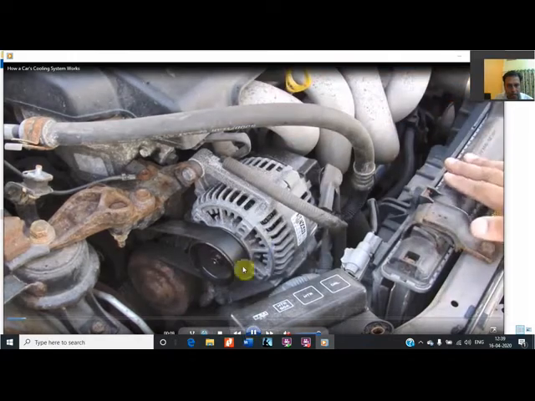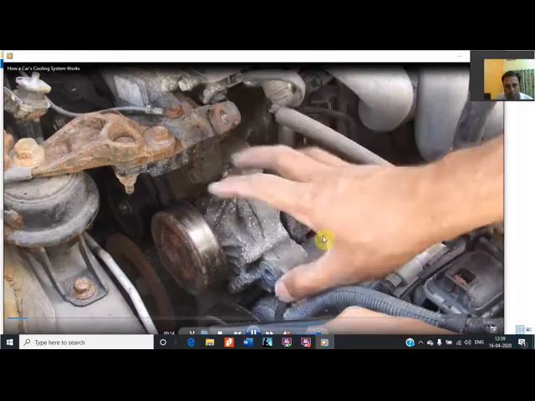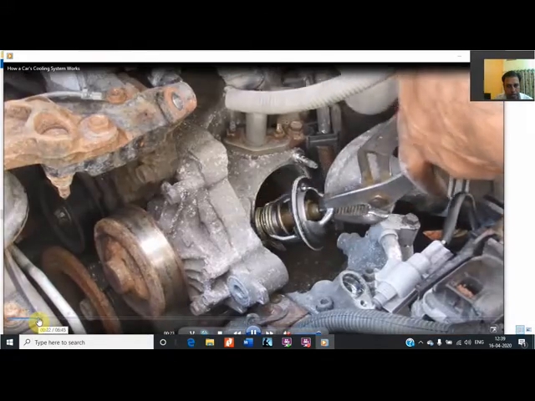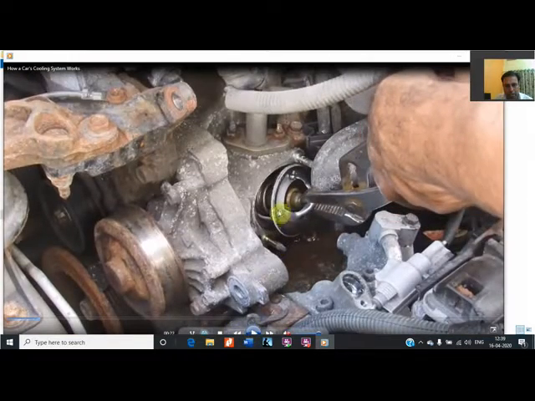So the water pump he is showing, and below this alternator there is the thermostat valve, and he will remove the thermostat valve. He is removing it, it is being shown over here. This is the thermostat valve. It has a casing.